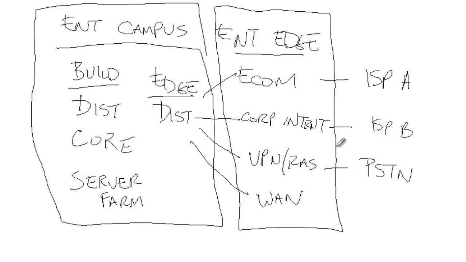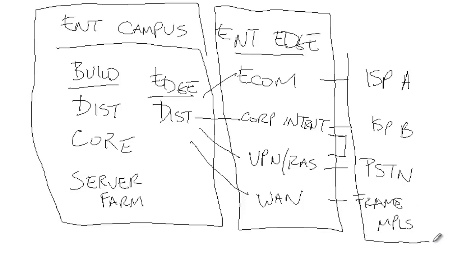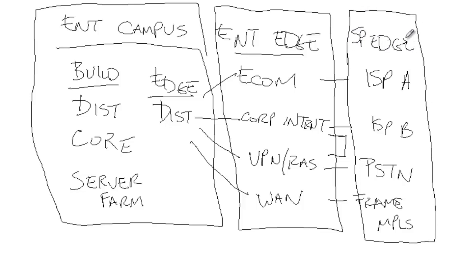And then WAN services, which obviously are often run over private circuits, maybe frame relay, MPLS. It depends on how advanced your network is at this point. That being said, this is a third module you must understand, and this is the service provider edge module. So three separate modules you need to understand for your CCNP switch exam.